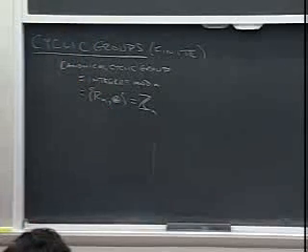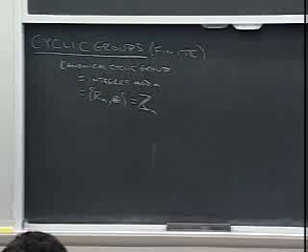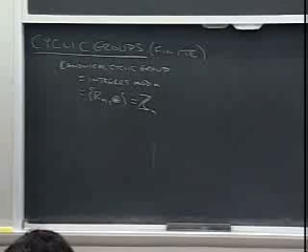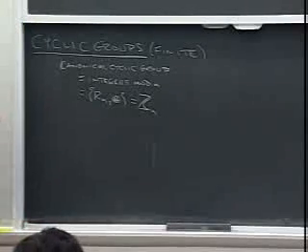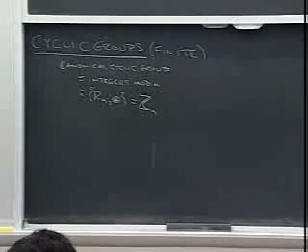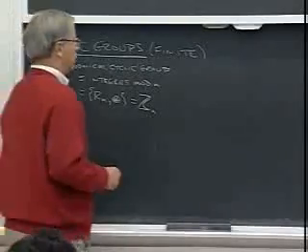There are various notations for it, but in this course we'll just write it as Zn. The integers mod n. Does this form a group?